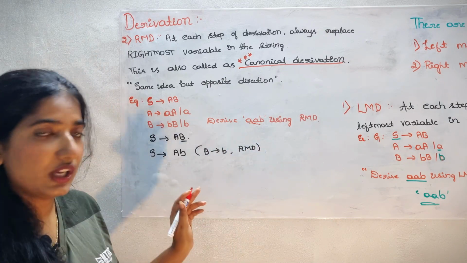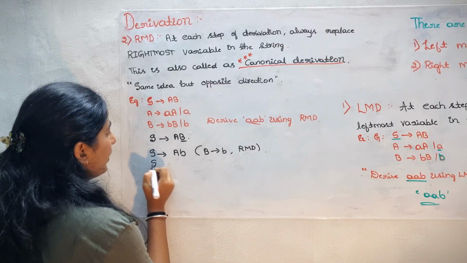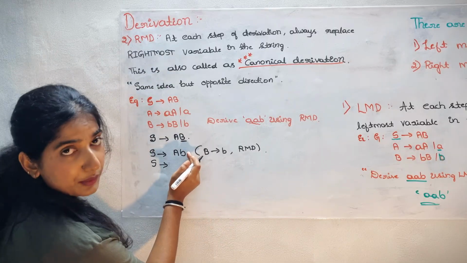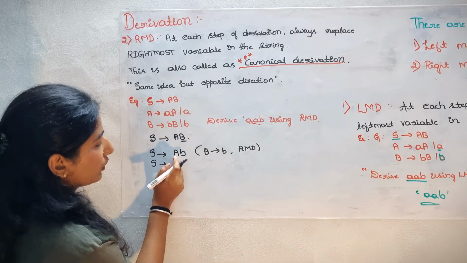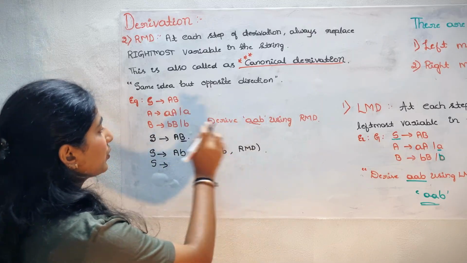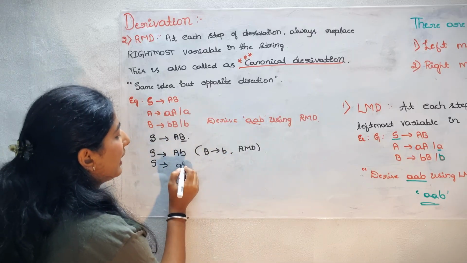Okay, now we have S derives, this one is terminal. Okay, we have to look at it from this side. This is terminal. Now look here, that is A, right? So we need A. So if I write A here, it will become AB.